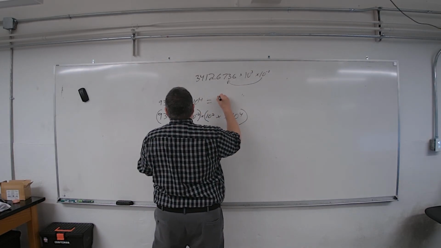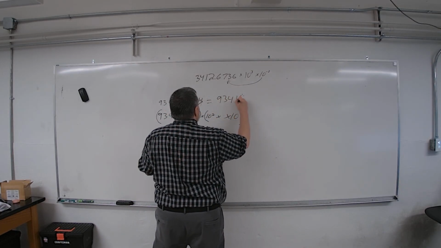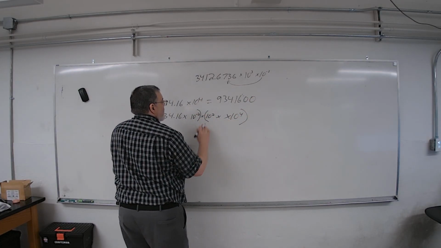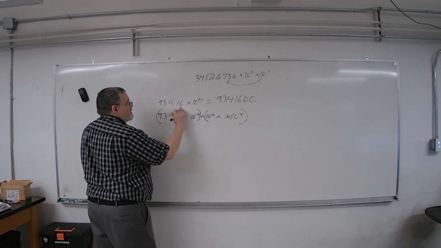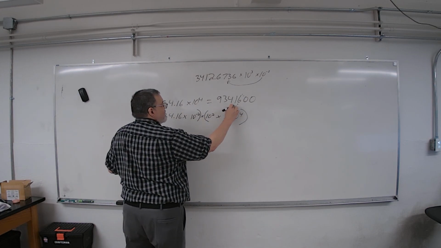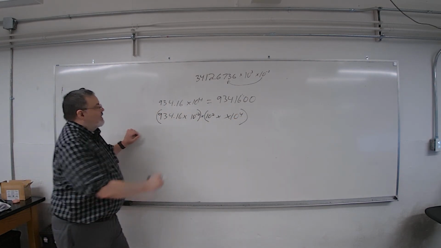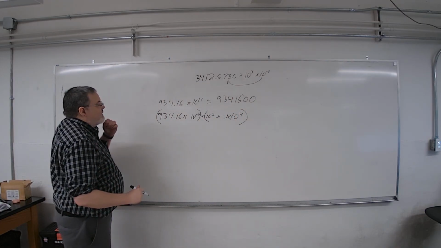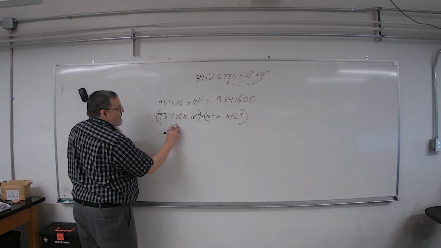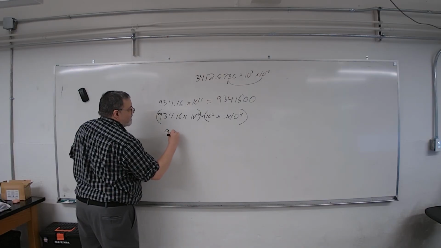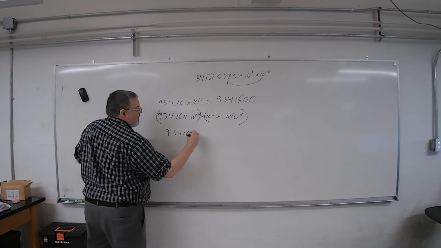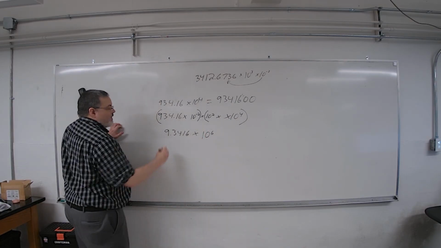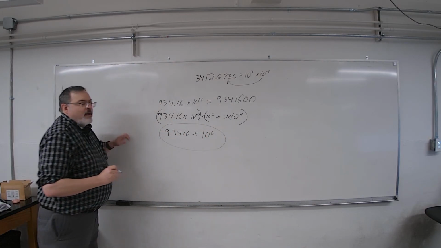This equals, ignoring significant figures for now, this times 10 to the 4 means this, right? 1, 2, 3, 4. That's what it means. So that's right. So I'm going to apply the math here, which is going to give me the 9.3416. And now I'm going to do this math. So that's what I want.